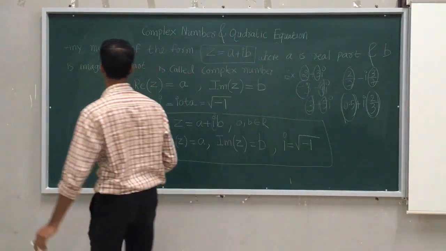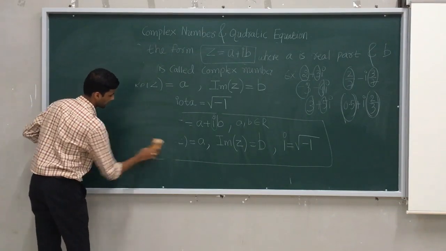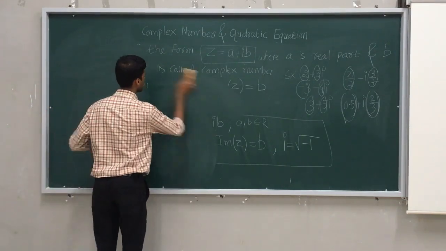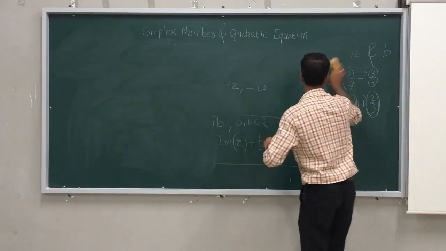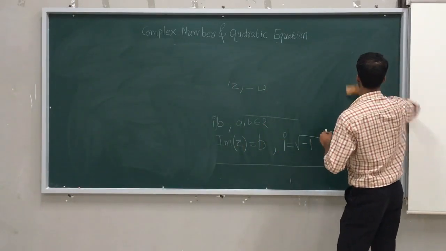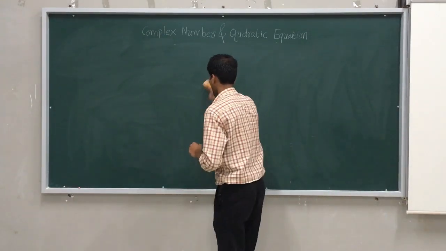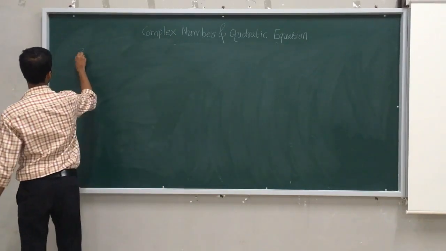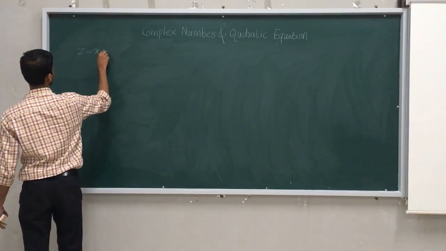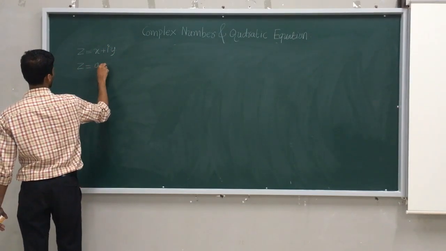So let me take you to the next thing in complex numbers. All you need is a proper understanding of the basic idea in complex numbers. Many textbooks, if you observe, have taken the notation x plus iy. This is also a notation they use, x plus iy, or you may take a plus ib.